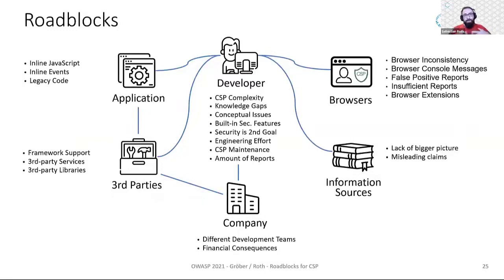But even if all stars align and the developer can build a proper CSP, the different browser implementations and insufficient console messages and false positive violation reports caused by browser features or extensions can make the deployment harder than it needs to be.